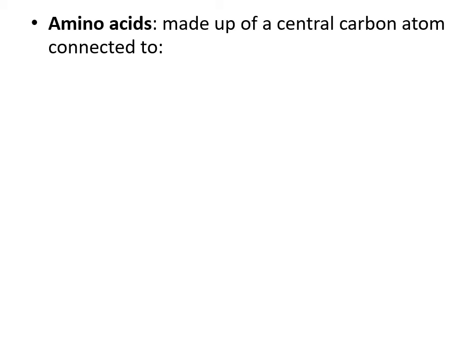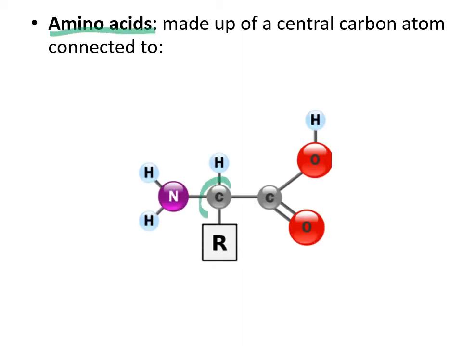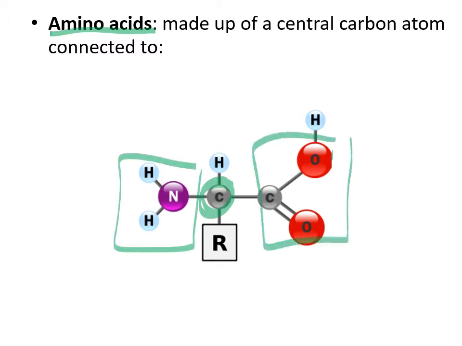So the monomers that come together to form the polypeptide, the amino acids, their structure is essentially a central carbon that is connected to two functional groups, as well as a hydrogen, and then this other part here.